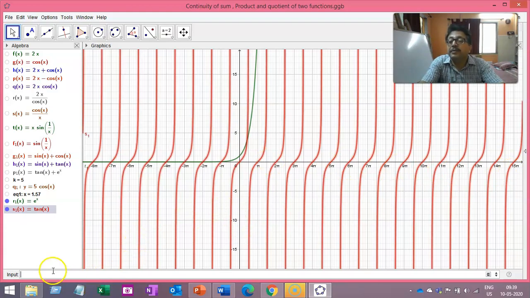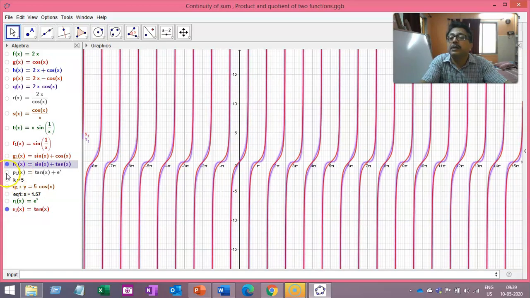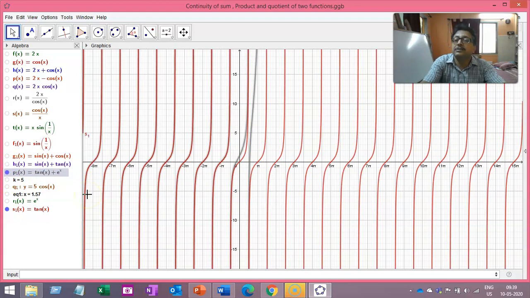Now when you plot these two, e to the power x plus tan x, I am making these two up. All of you can see the e to the power x graph and the tan x graph. But I make their sum on, not this one, see this one: tan x plus e to the power x.